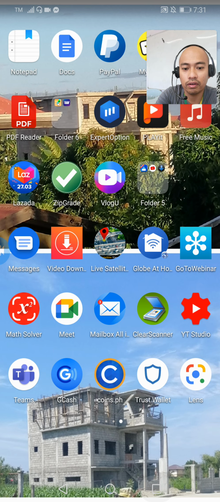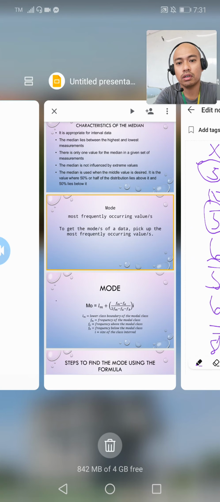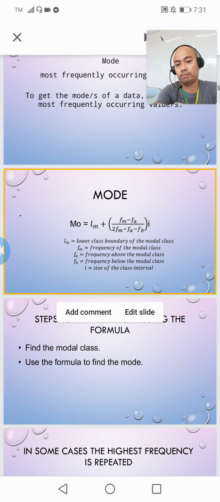Okay, so let's go back with our presentation. So on the next slide, it presents now the formula of the mode for a group data.